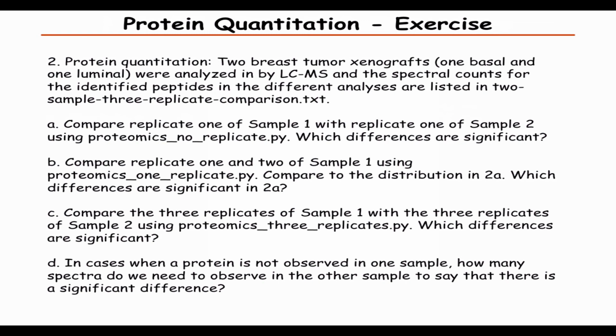The protein quantitation exercise is also on the website. If you want to download those data sets, it's one text file and three Python scripts. We're going to go back to that. These descriptions are from the homework.